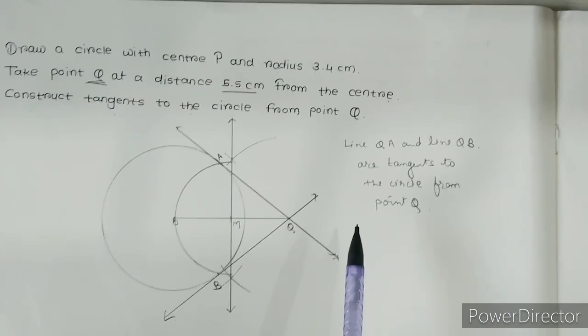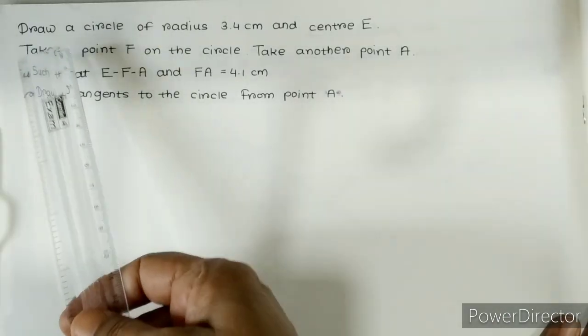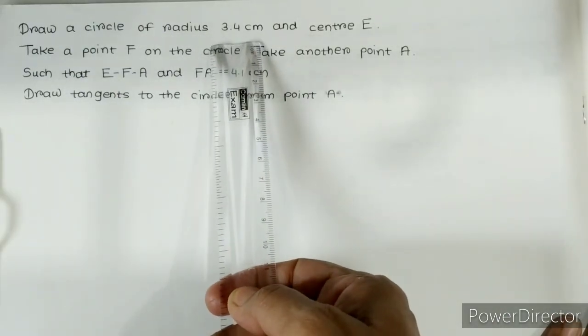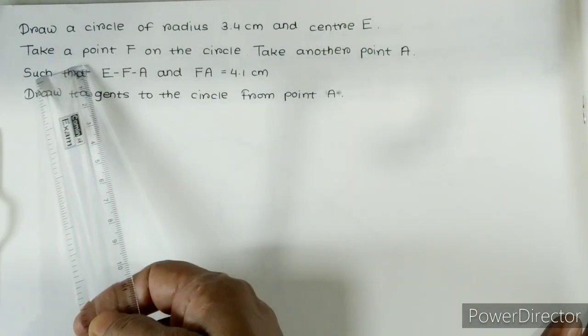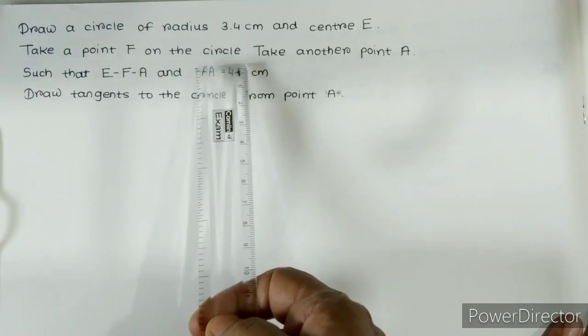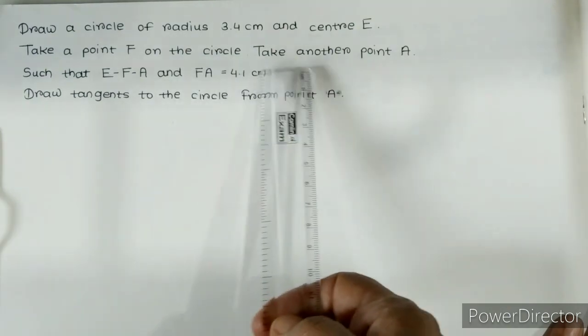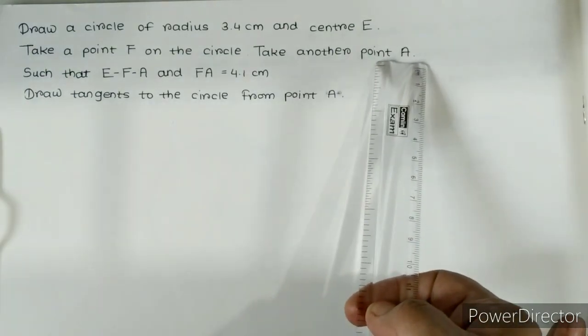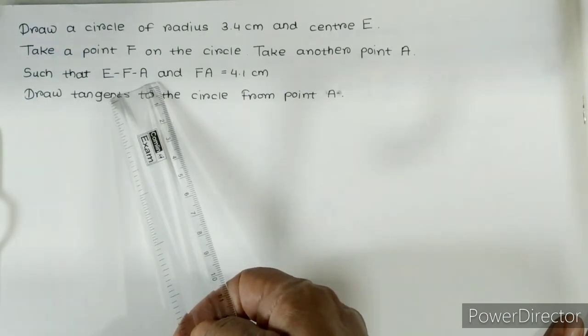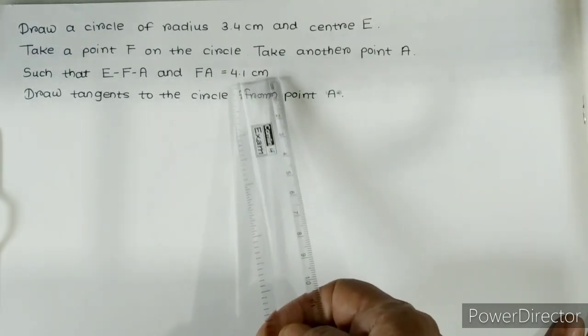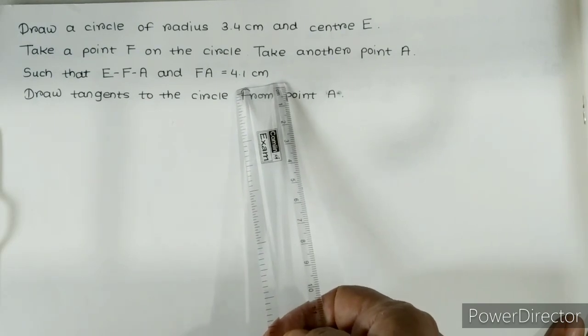See the next example. Draw a circle of radius 3.4 cm and center E. Take a point F on the circle. Take another point A such that E-F-A and FA equals 4.1 cm.